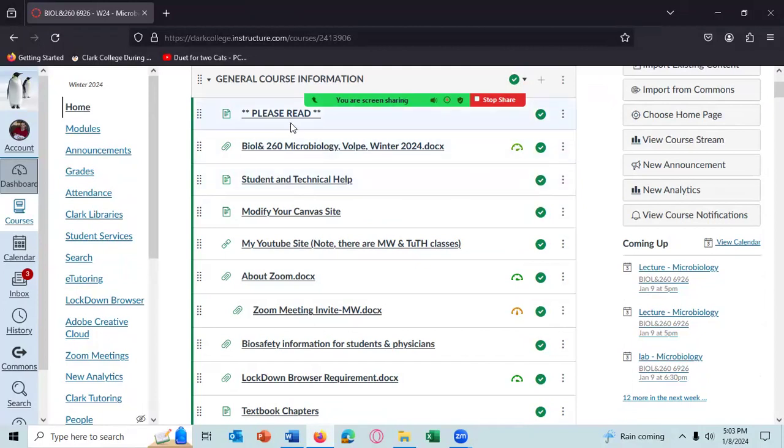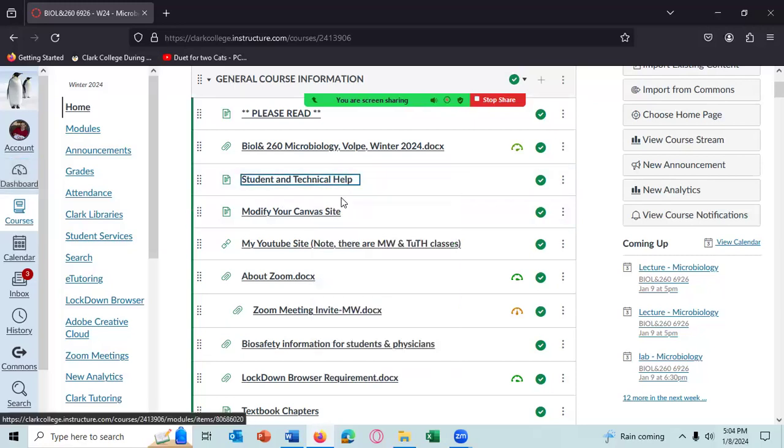I've got something to read. You should read that. Some student and technical help. Students, whenever they have a problem with the Canvas website, especially with the lockdown browser, if you can't get the lockdown browser to work and you're trying to take the quiz, students often tell me what the problem is, and I can't do a thing for you. So I made this link here for getting technical help.